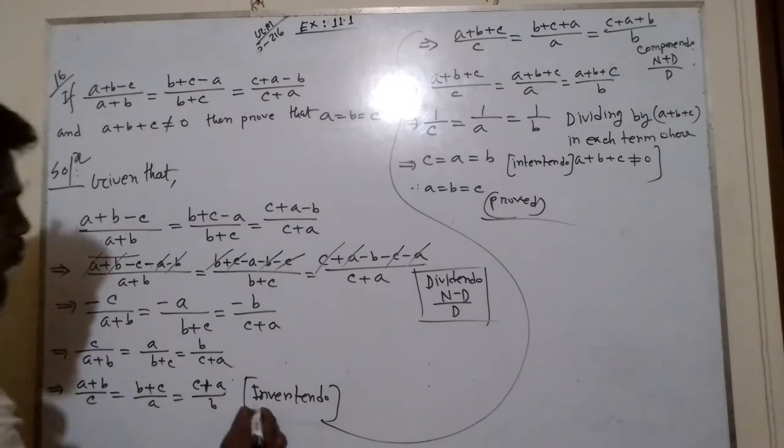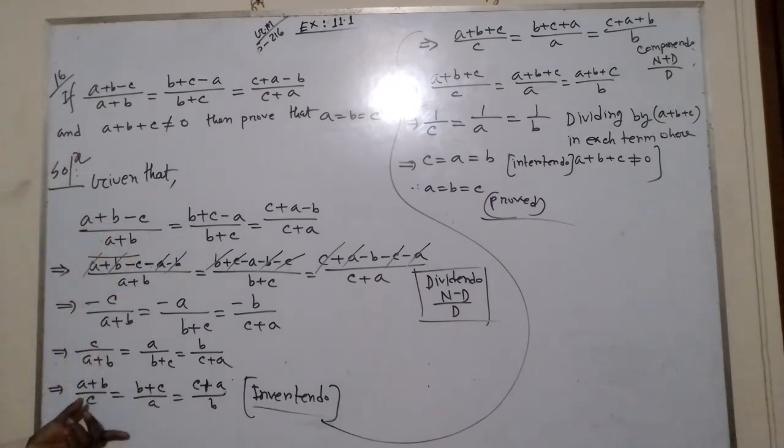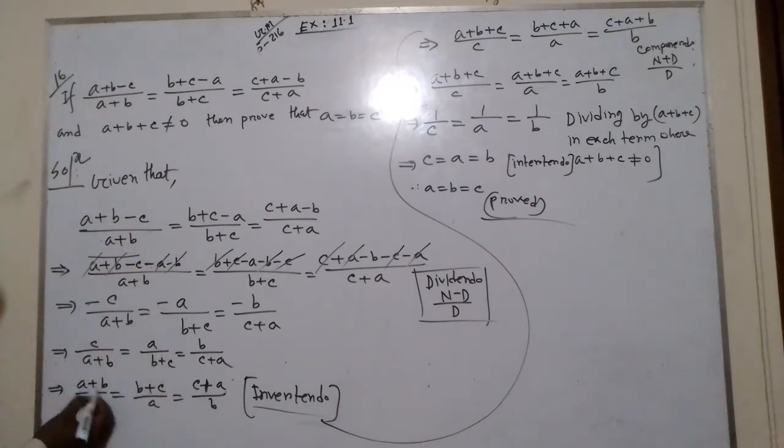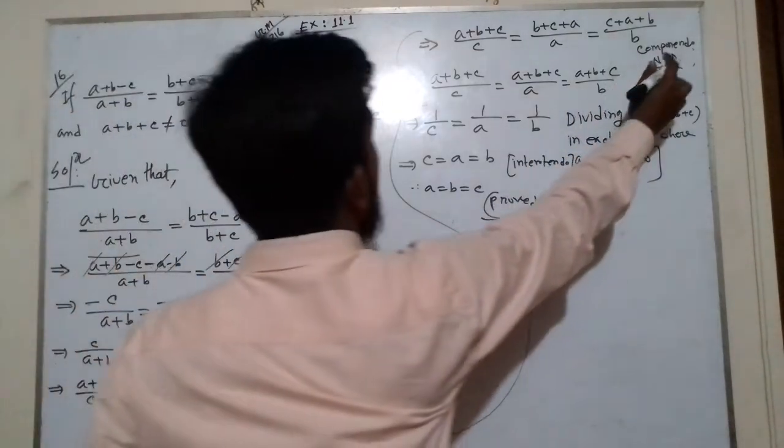This is the formula of invertendo. Now we can see that a plus b divided by c, b plus c divided by a, c plus a divided by b. If we use the formula of componendo, then we can write numerator plus denominator.